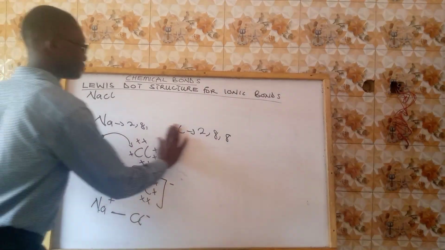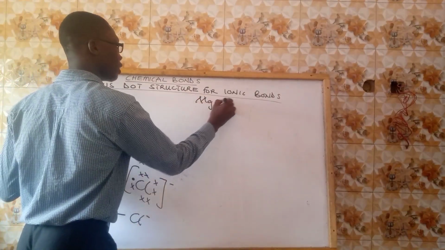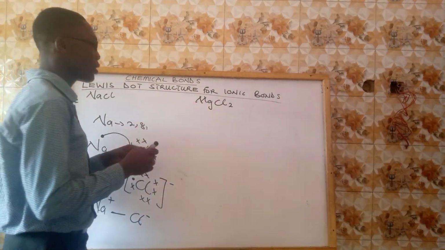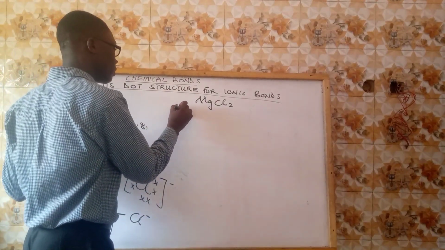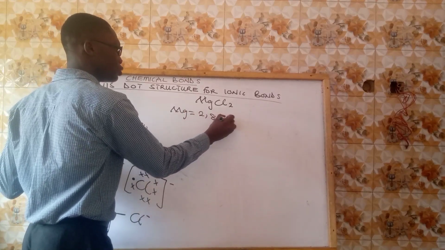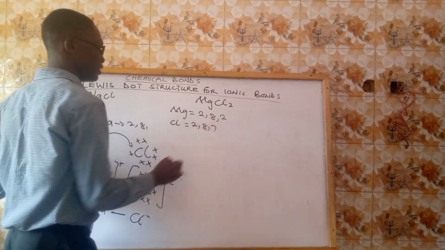Now let's check magnesium chloride, MgCl2. You have one magnesium atom with configuration 2, 8, 2 and chlorine with 2, 8, 7.